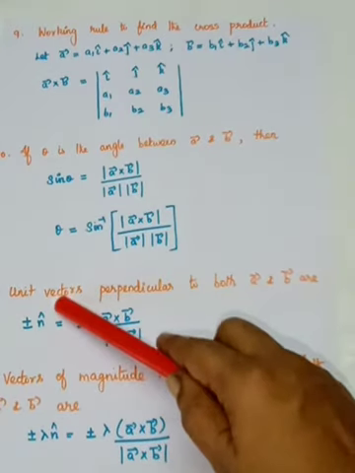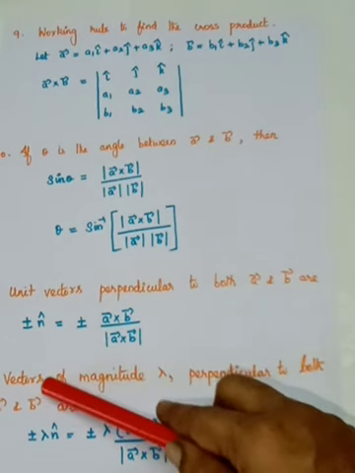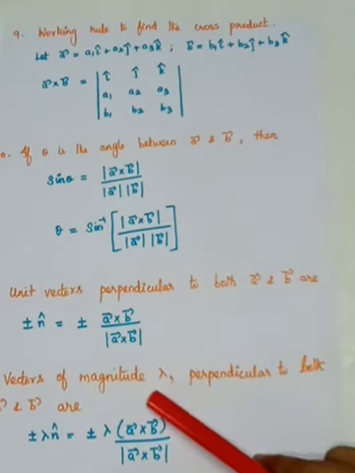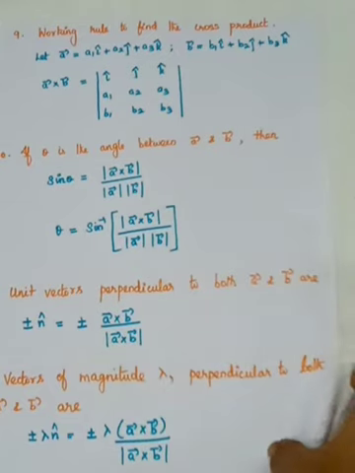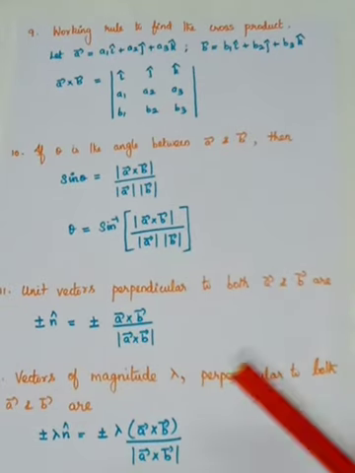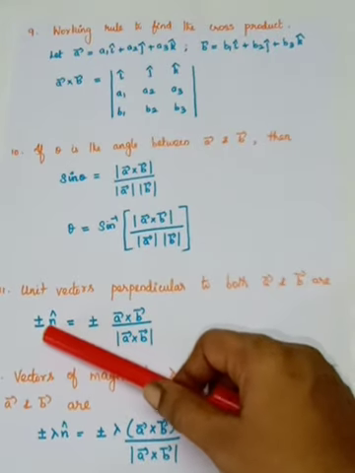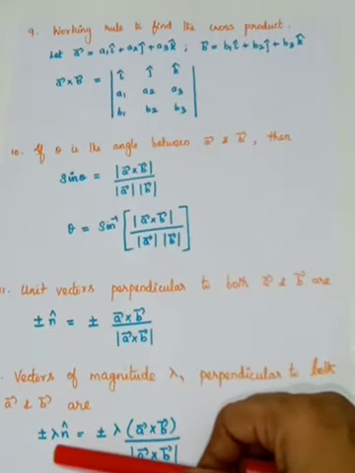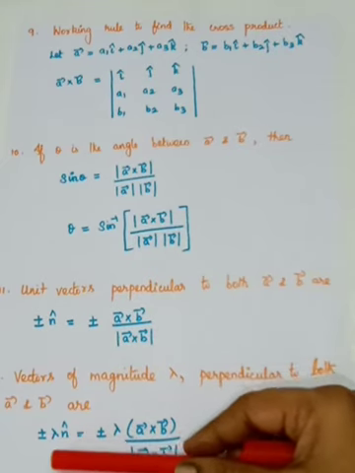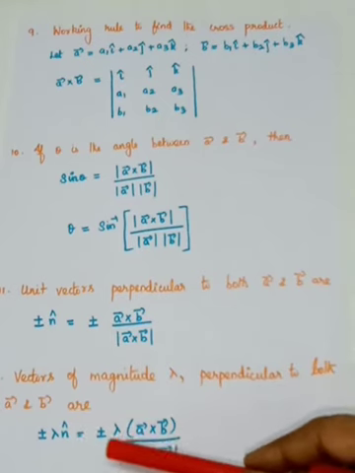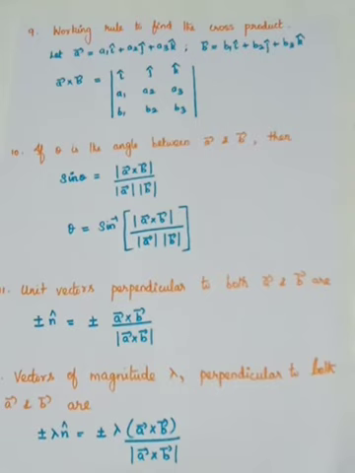Unit vector means whose magnitude is 1, that is why I have written n cap. Here the magnitude is lambda, and the vector is perpendicular to both a vector and b vector, so it is lambda into n cap. Here the magnitude is 1, here the magnitude is lambda. Both are perpendicular to a vector and b vector. Therefore it is plus or minus lambda into a vector cross b vector divided by modulus of a vector cross b vector.